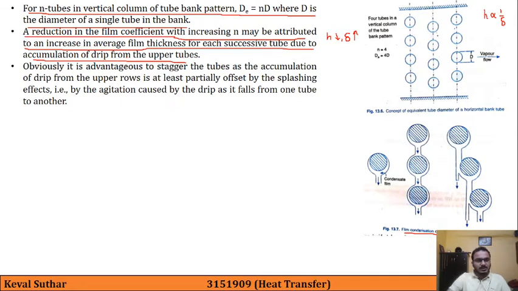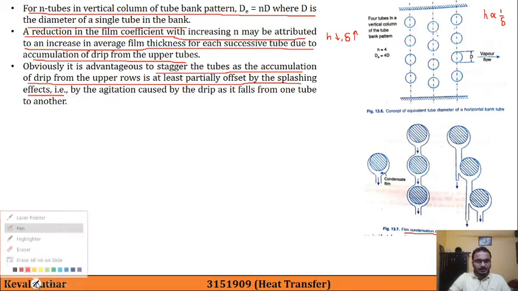Now it is always advantageous to stagger the tubes, as the accumulation of drip from the upper rows is at least partially offset by splashing effects. So this negative effect can be solved by staggering of tubes.